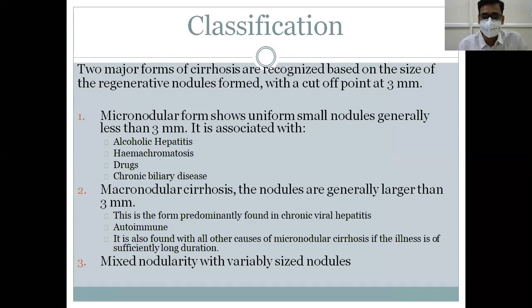When the size is larger than 3 mm, then you name it macronodular cirrhosis. This form is predominantly found in chronic viral hepatitis and autoimmune hepatitis. It is also found with all other causes of micronodular cirrhosis if the particular illness lasts for a long duration.